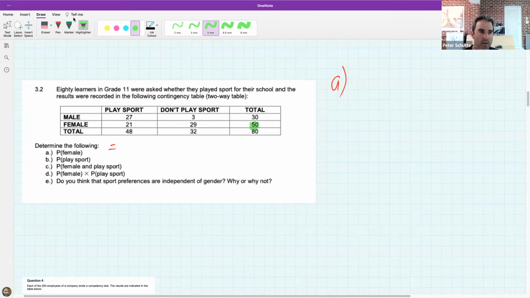Female, 50 out of 80. Yeah. And then play sport. What column is going to be relevant here? Play sport is this column here, and so that is going to be 48.